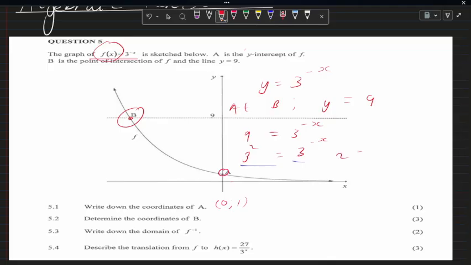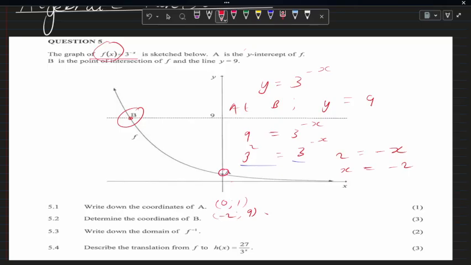Okay, so we can say that 2 is minus x, therefore x is minus 2. Okay, x equals minus 2 because we divide by negative 1 on both sides, and then we get that x is equal to minus 2. Now we know that the coordinates of B are minus 2 and 9.